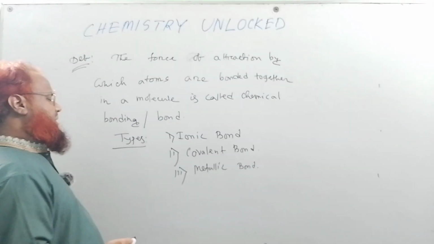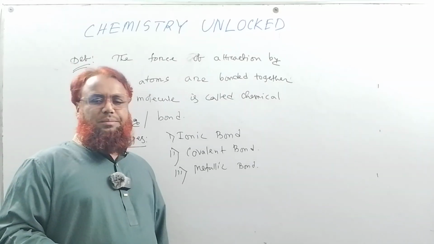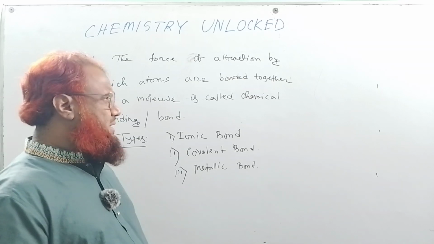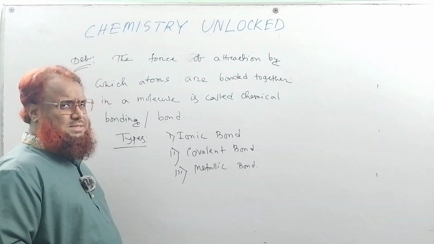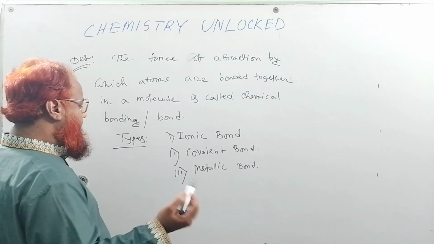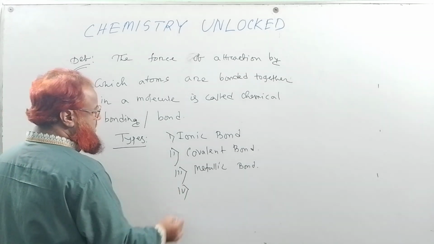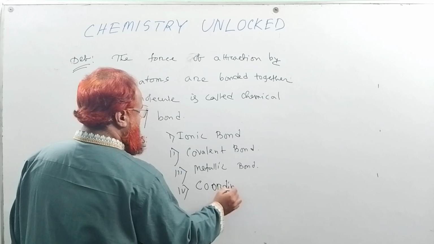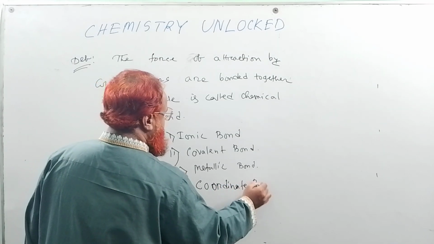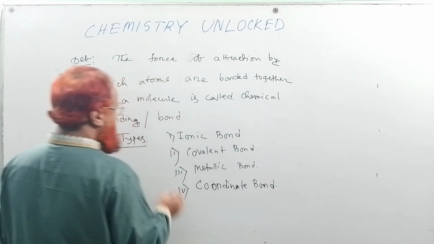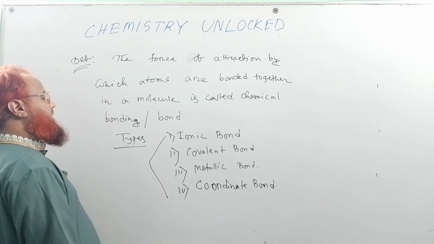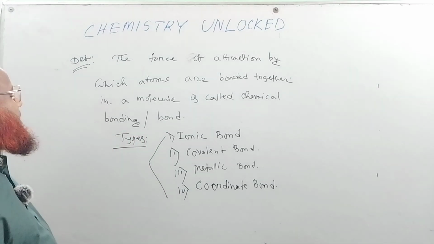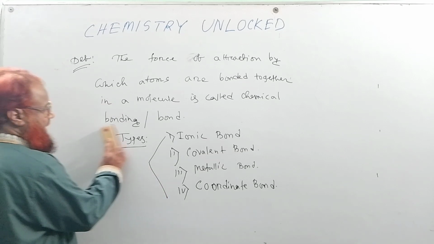And another bond is present, that is coordinate bond, which is actually not present in the syllabus of your SSC chemistry. So if you want, we can discuss this bond also, the coordinate bond. Okay. So today we will start from ionic bond and gradually we will discuss the next types.